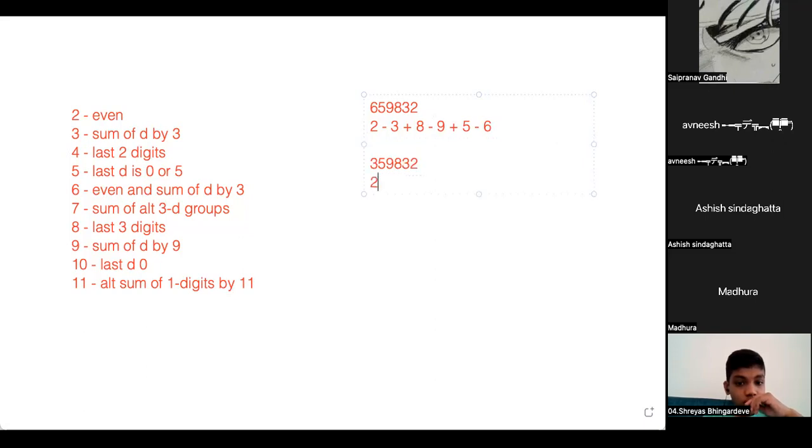What is the alternating sum? Everything is the same except that instead of minus 6, it is minus 3, right? So 2 plus 8 plus 5 is 15, and 9 plus 3 plus 3 is 15. So exactly 0. So this number should be divisible by 11. You want to check quickly?